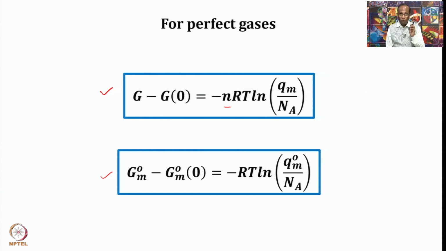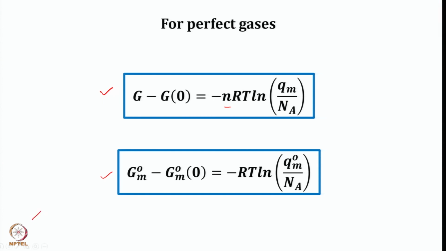The advantage of invoking the standard state condition with Gibbs free energy is that you can then later on connect this with delta G naught is equal to minus RT log K. That is the advantage of connecting G with the standard state condition. Let me again briefly tell what the standard state is. Standard state means the substance should be pure, pressure should be 1 bar, temperature can be any.